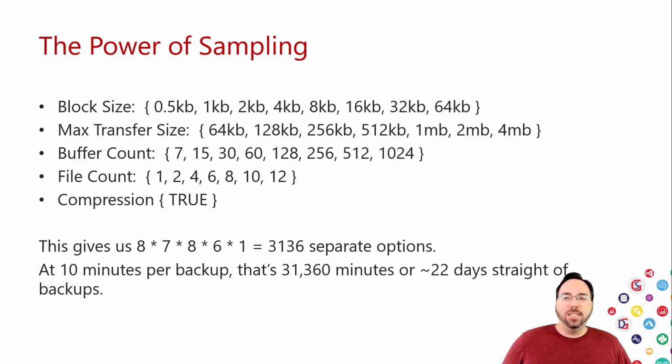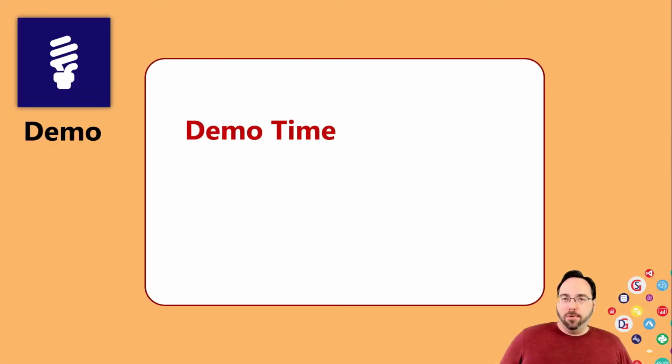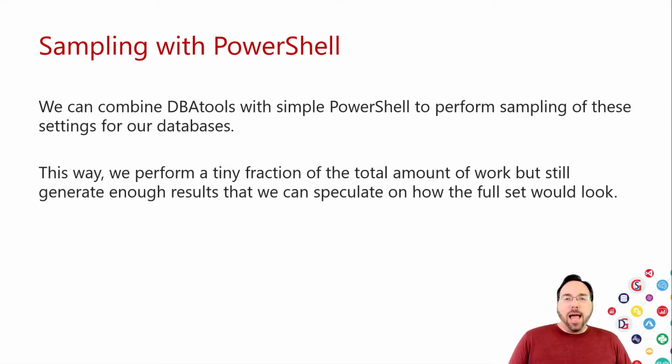So what I'd like to do instead is look for a smaller number. I can combine DBA tools to perform my backups with some simple PowerShell to sample these settings for our databases. That way, I don't do 3,136 separate backups.